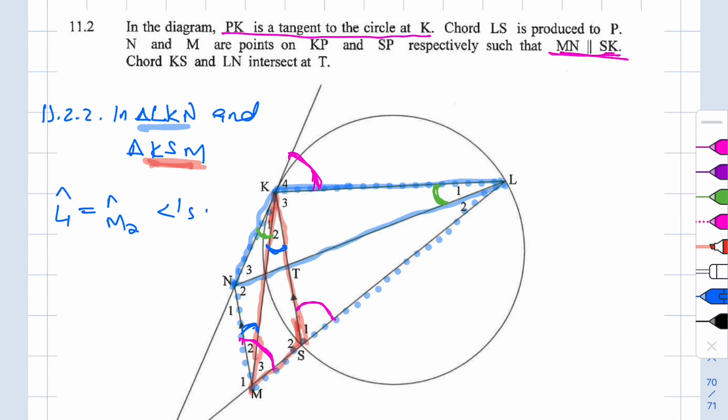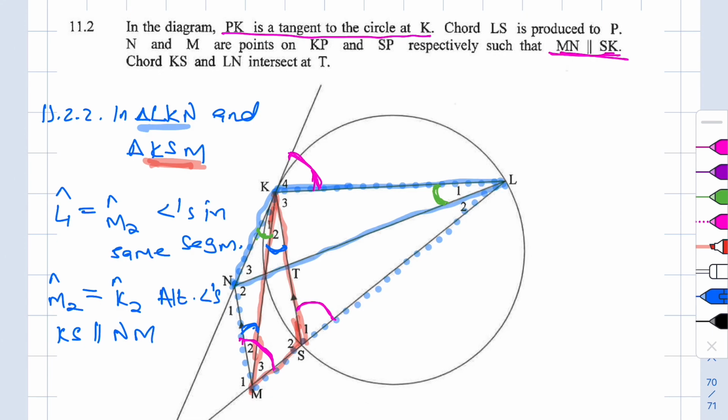So that will be angles in the same segment. And we know that angle M2 is equal to, we indicated that it's equal to angle K2. That would be alternating angles, reason being KS parallel to NM. So therefore, angle L1 is equal to angle K2. So we've done the first angles.